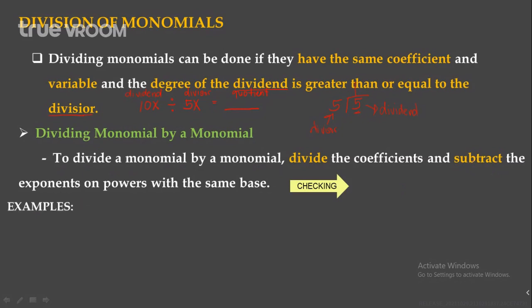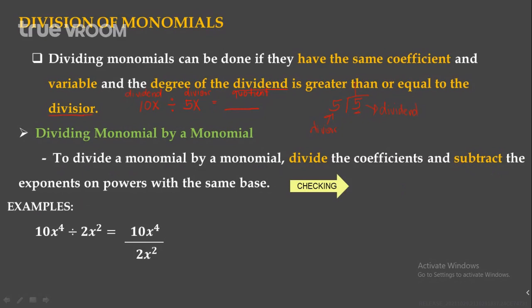So for example here, we have 10x raised to the fourth power divided by 2x squared. First, you are going to copy the dividend. Again, the first monomial that you are going to divide is the dividend. You will divide it by the divisor. Your divisor is 2x squared.